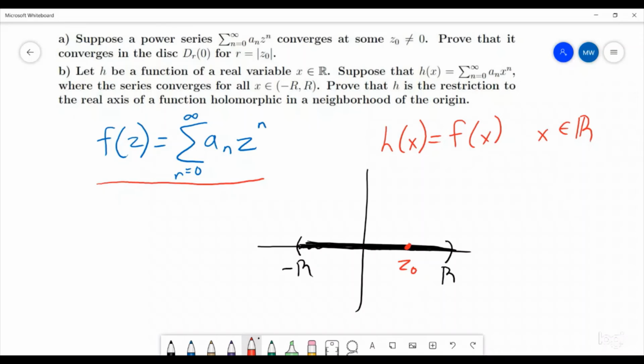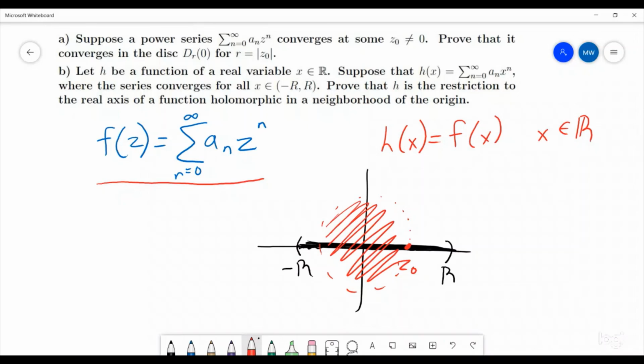That means that on the disk of radius modulus of z0, everywhere in that disk is going to have to converge. That's from part A. This is a neighborhood of the origin. So we know that f of z converges inside a neighborhood of the origin, and we're done. That is the entire logic that we would have.